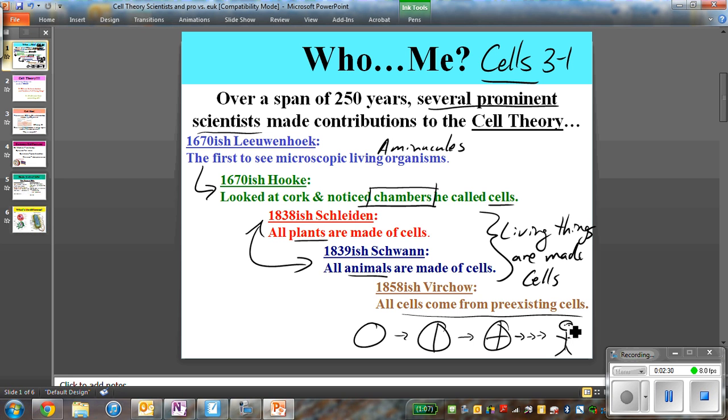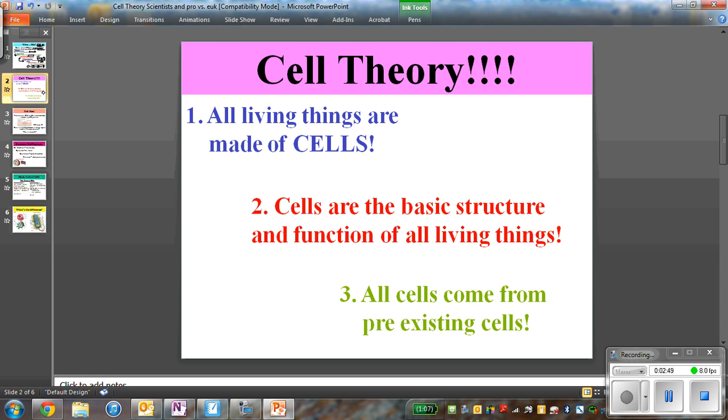You guys are made of trillions of cells, yet you started from one single one. So cells coming from pre-existing cells is the last part of cell theory. So that's the history of it.